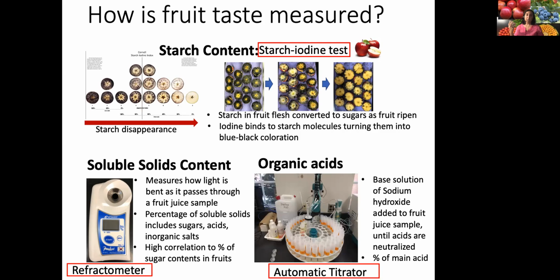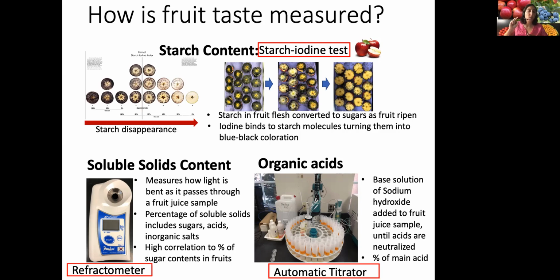And then finally, with respect to acids, that is another important aspect of taste. We can also measure this quantitatively by using a titrator. In this case, I'm showing you the one that we have in the lab, as we have to manage so many samples. We use an automatic titrator where we can place a certain amount of juice from each one of the samples that we want to measure in these tubes. This instrument is going to use a base solution of sodium hydroxide.